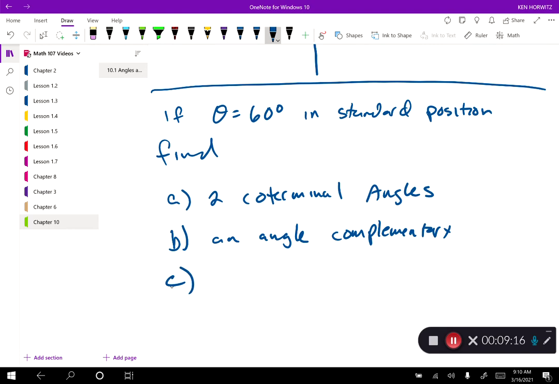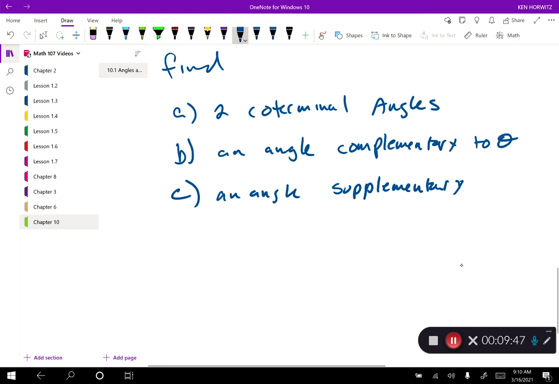And C, an angle supplementary. Hang on, I can write that better. All right, so a fairly typical question for people just starting out here. Hopefully this is something that you guys have seen before.